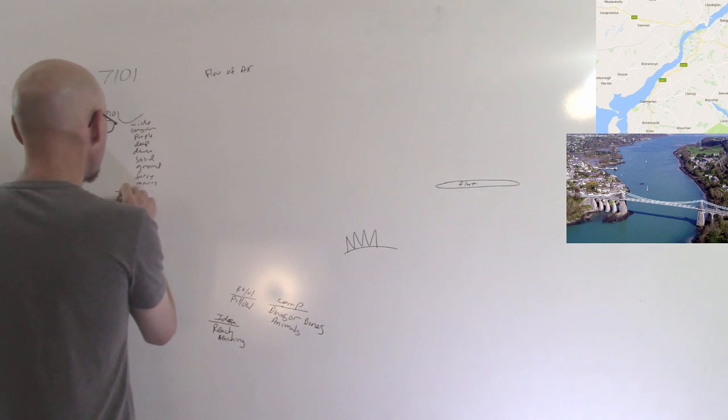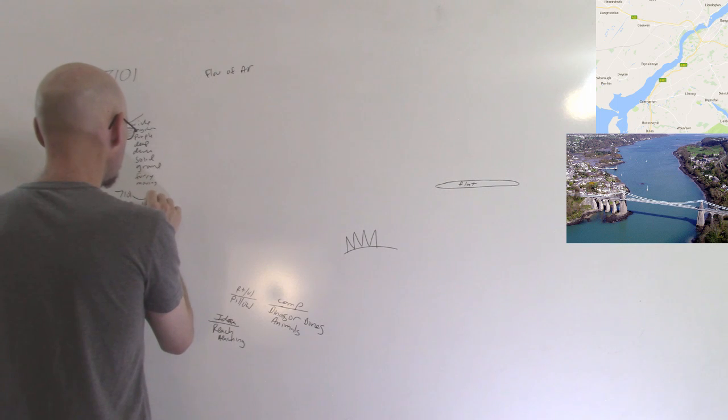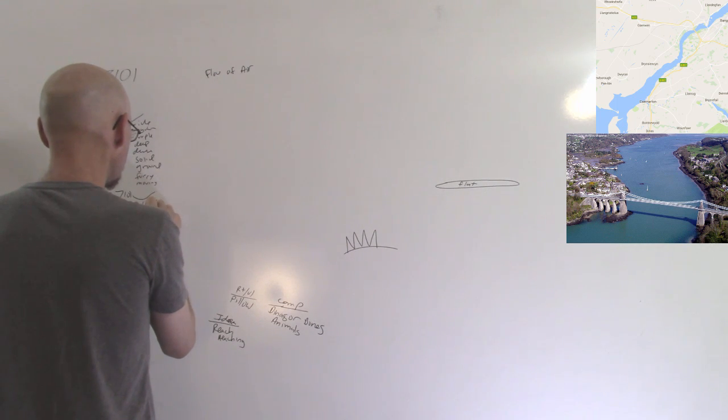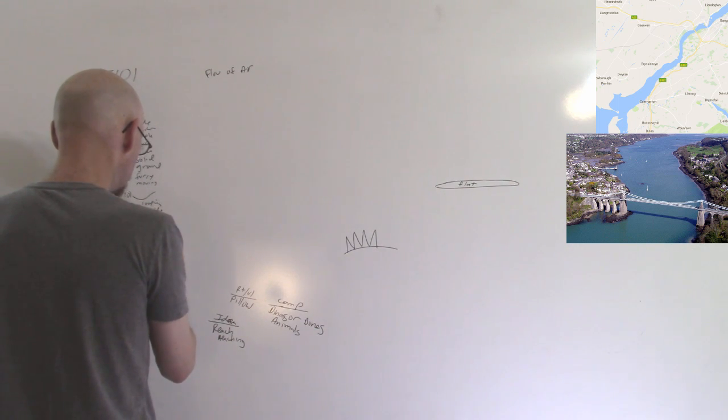Alright, keep going. 7101. Looping. Inside. Narrow. This is another idea here: belt, or a turn. Turning. Curved.